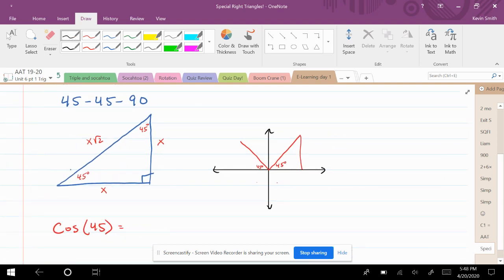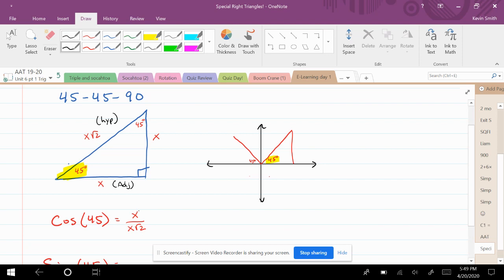So if we were looking at the cosine of 45 degrees, and let's say this is on the xy axis, this would be the adjacent, and this would be the hypotenuse. So we'd end up with x over x root 2.